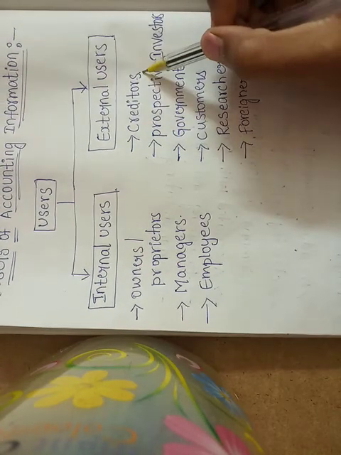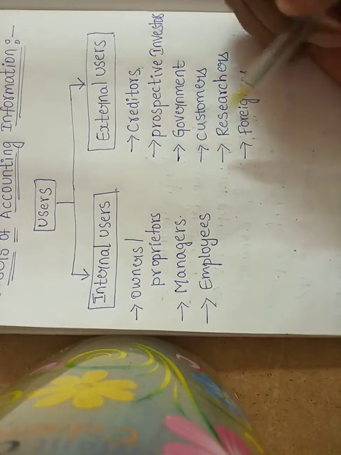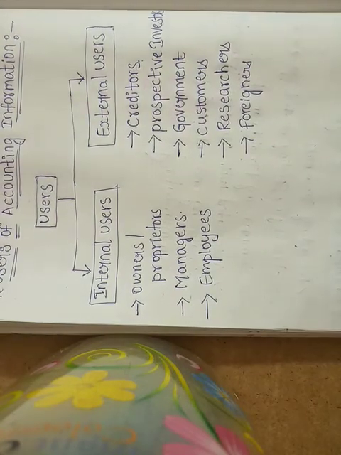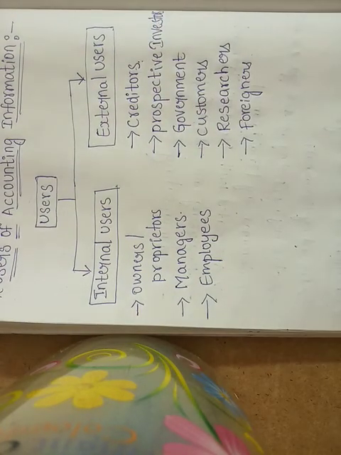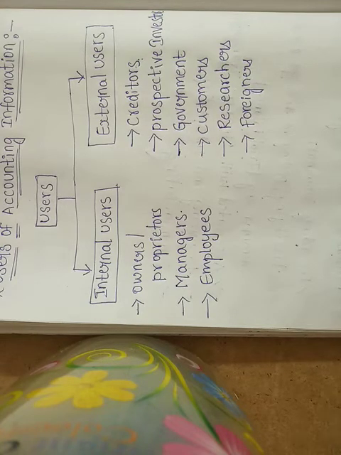Creditors are the persons who have extended credit to the company. Creditors include the suppliers of goods and services, bankers, and lenders. These persons give some amount to the company for earning interest, while the company has to repay that amount with some rate of interest.